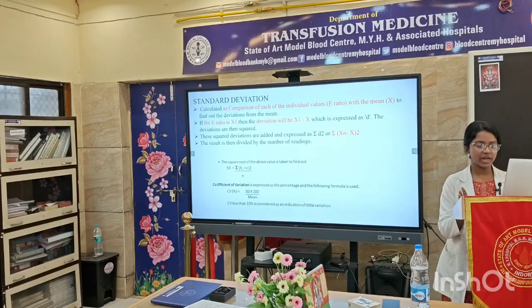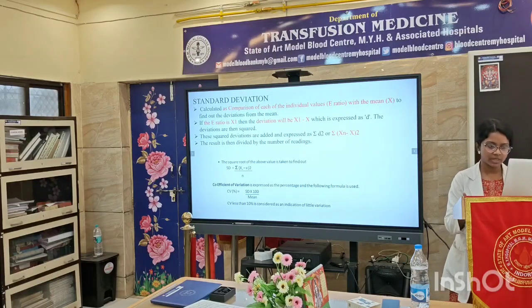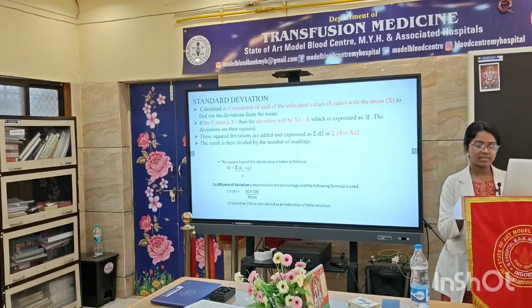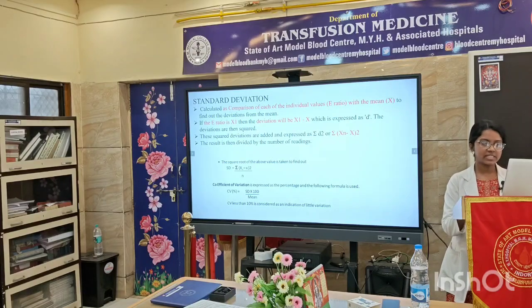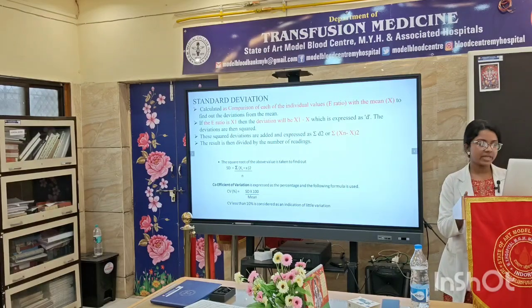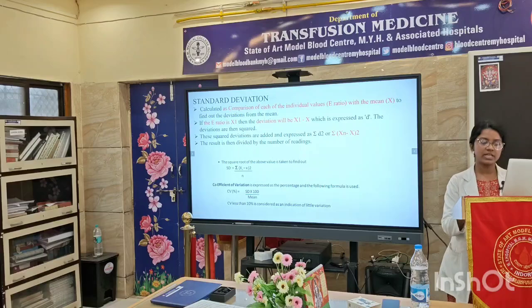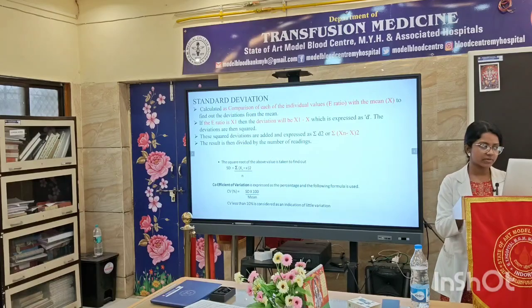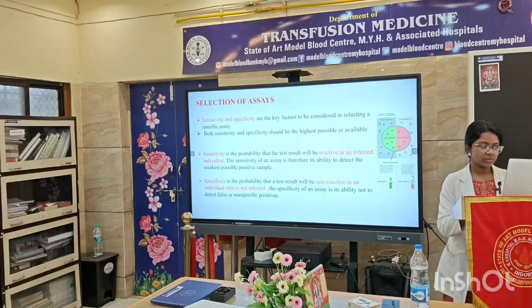These squared deviations are added and expressed as sigma d squared, or sigma (xn minus x̄) the whole squared. This is then divided by the number of readings. So this is the formula for standard deviation, and we are going to calculate the coefficient of variation also by the formula CV is equal to standard deviation into 100 divided by mean. Any CV less than 10% is considered an indication of very little variation.